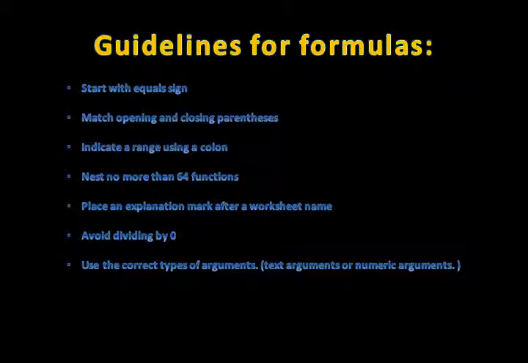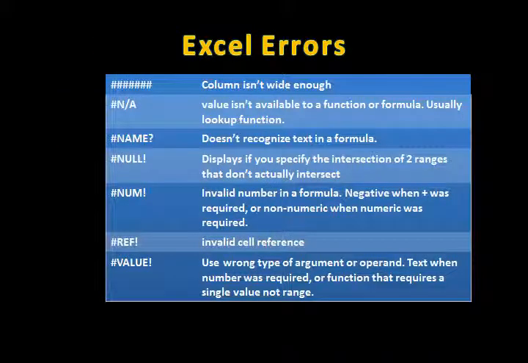Now Excel can detect several types of common mistakes in formulas. For each error type, it recognizes and displays a particular error value, and here they are. So if it only shows you several hashes, then the column isn't wide enough, just widen the column.